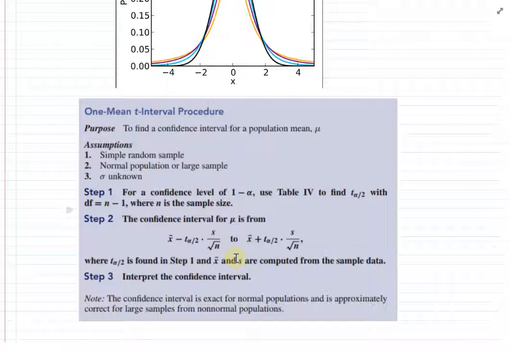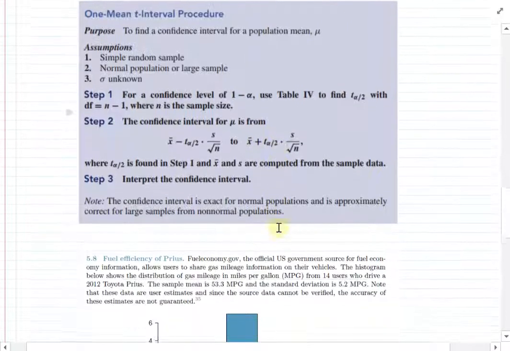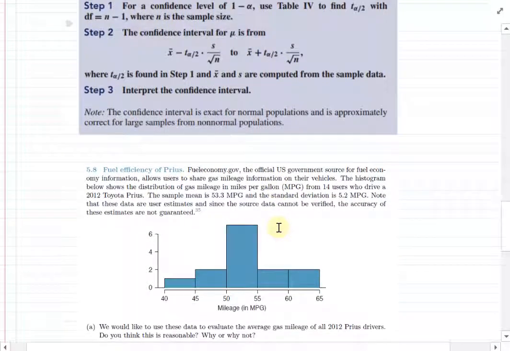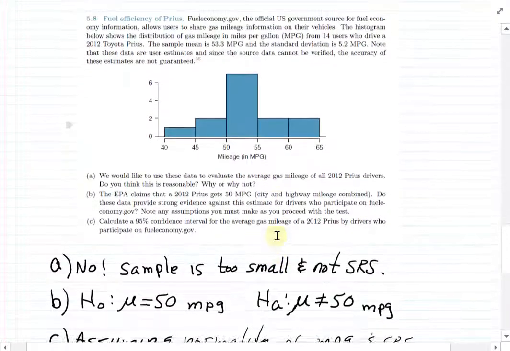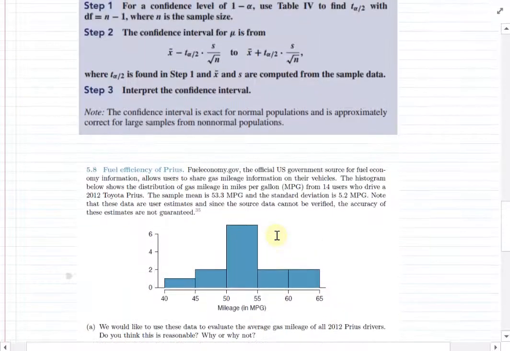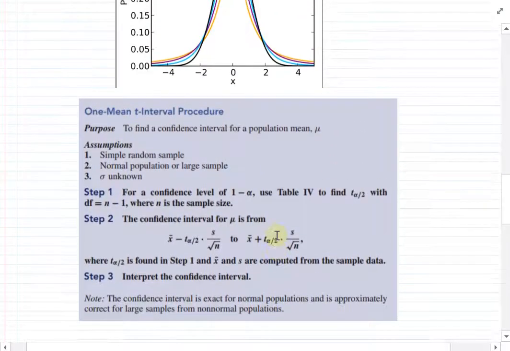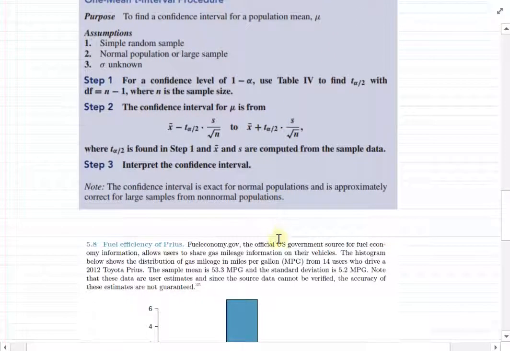So this is how the confidence interval is constructed, and it's going to be exact if the parent population has a normal distribution. Otherwise, it's approximate. And with that, for the confidence interval and the hypothesis test, we're actually going to do a hypothesis test also.